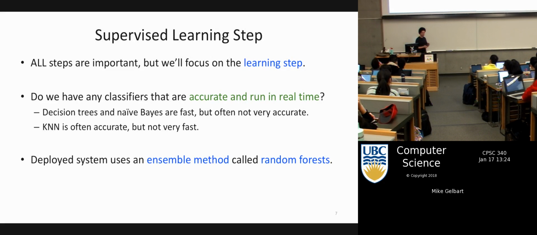So ensemble methods is a general umbrella of approaches in machine learning, and random forests are a particular ensemble method, and we will talk about the general and the specific today.